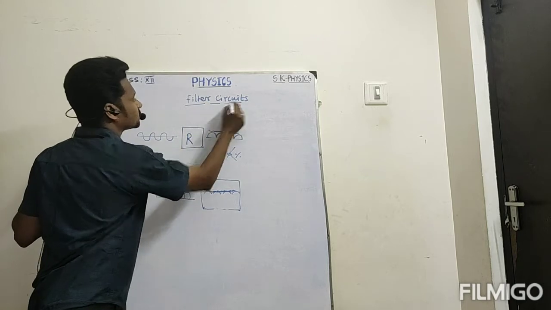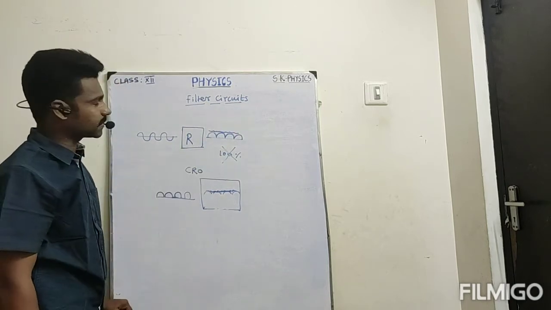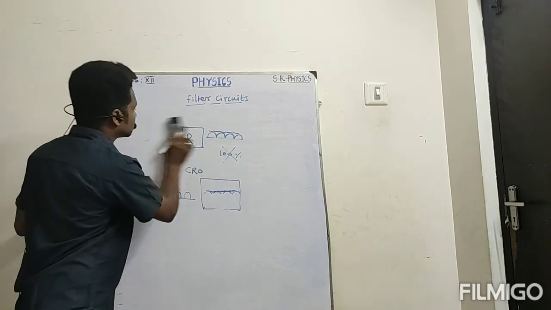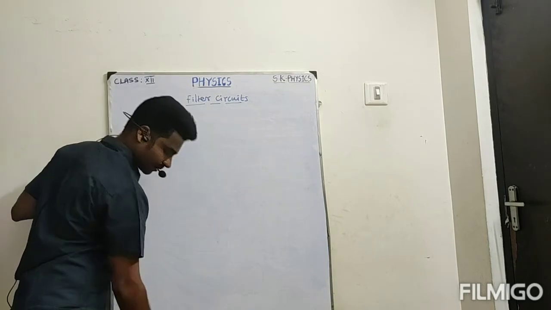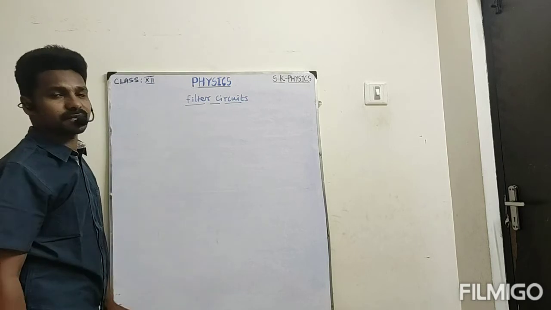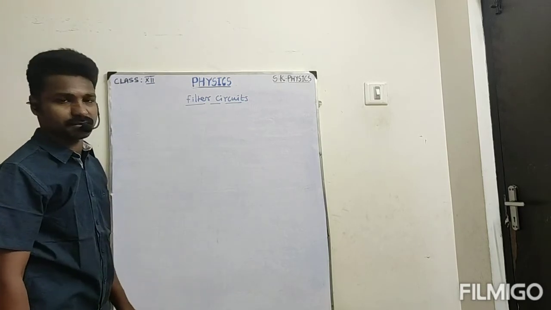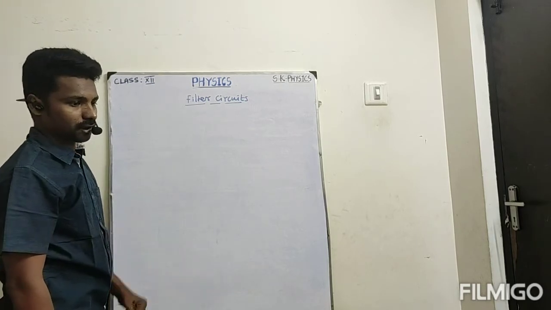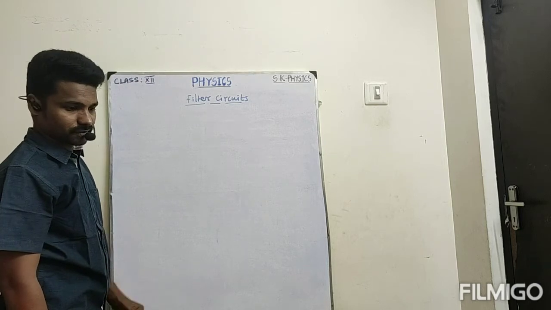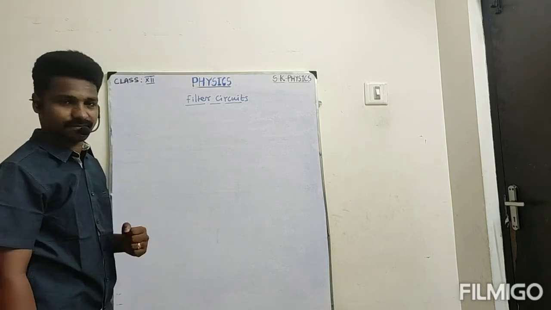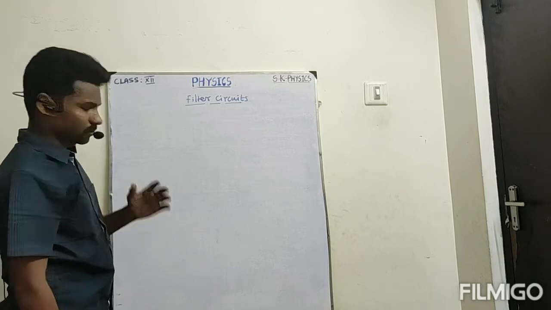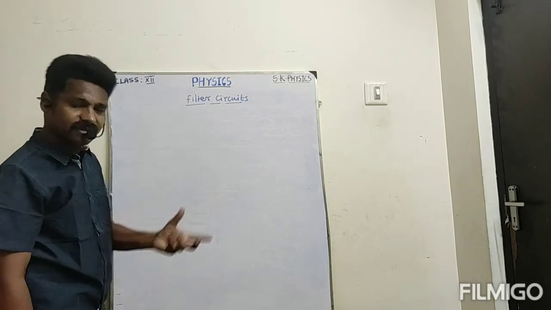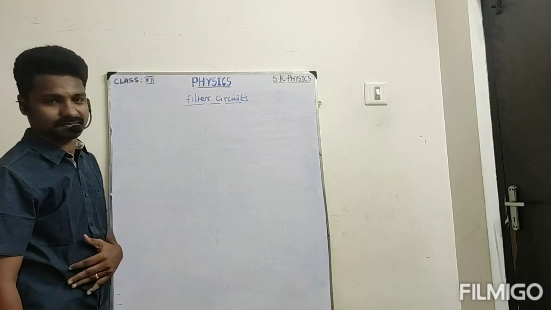That filter circuit is a combination of capacitance or inductance, or we can make it with both of these. So now I am going to explain by using the capacitor.